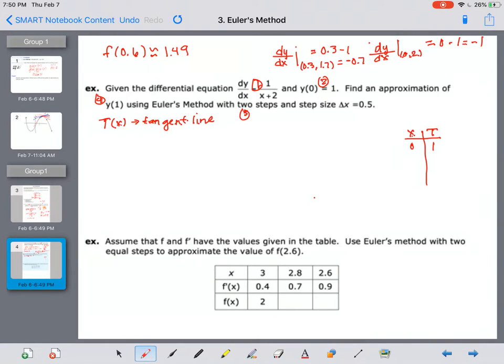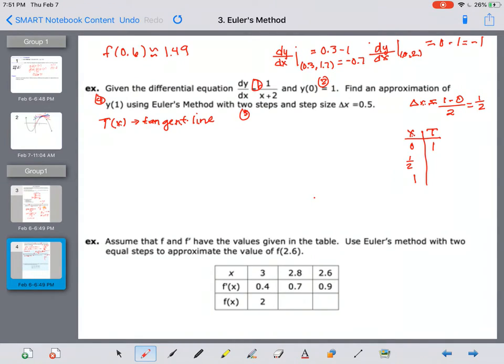So I know I want to get to 1. That means my change of x is my endpoint minus my start point over the amount of steps, which gives me 1/2. So I'm going to leave it as 1/2.